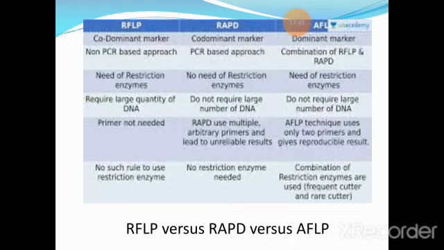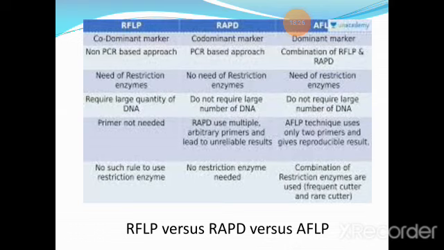RFLP requires large quantities of DNA. RAPD, very meager amounts of DNA. And AFLP does not require large quantities of DNA. Then in RFLP, primer is not needed because this is a non-PCR based approach. RAPD uses multiple arbitrary primers and leads to unreliable results. That is one drawback of RAPD. Whereas the AFLP technique uses only 2 primers like PCR and gives reproducible, reliable results.